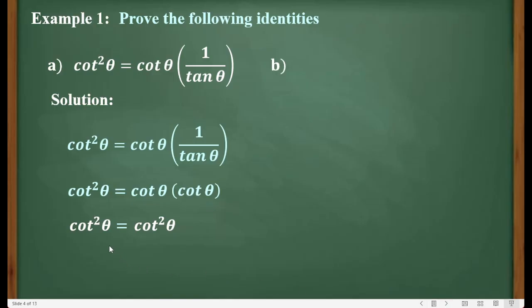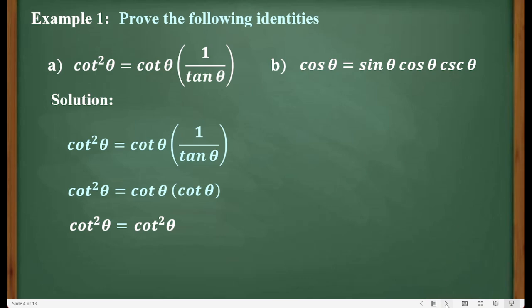Okay? Next, how about letter B? For letter B, we are going to prove that cosine theta is equal to sine theta times cosine theta times cosecant theta.